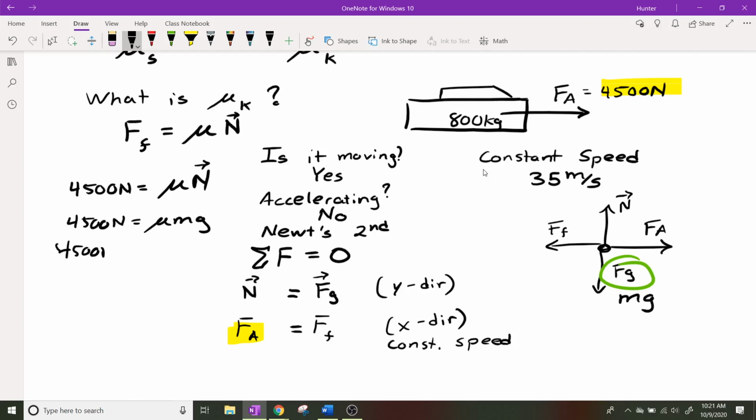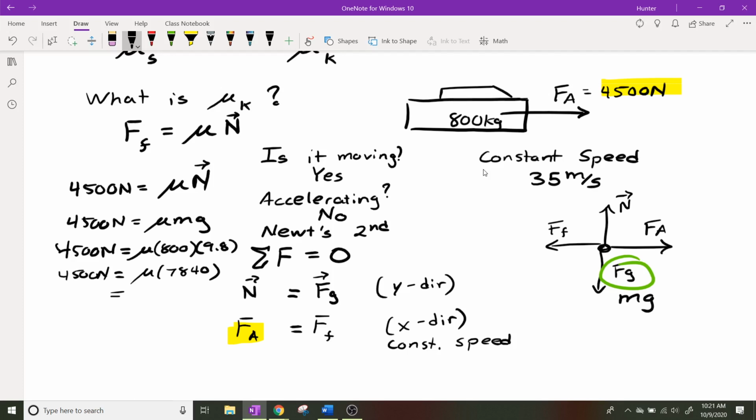I have the mass and I have the, let's see, I'm going to try to squeeze this in. 800 times 9.8 meters per second squared. Those two numbers come out to something. 7,800? Okay, 7,840. I'm just going to not worry about the decimal.